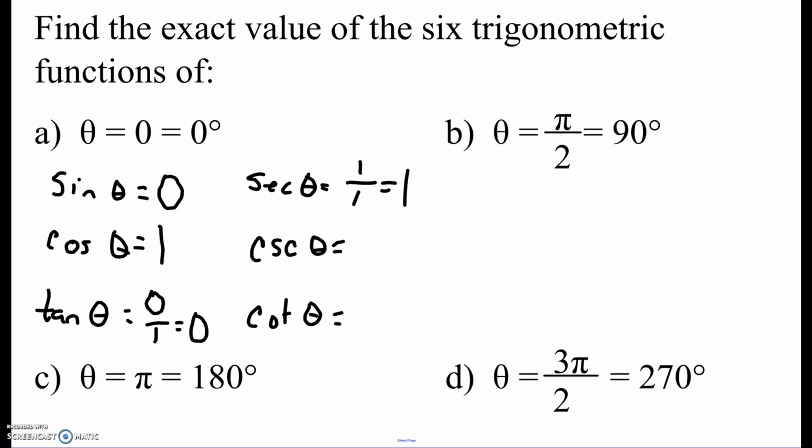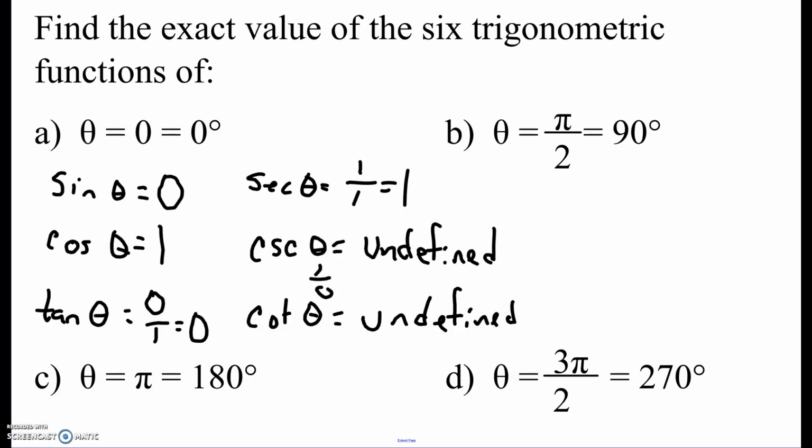It's just 1. Cosecant and cotangent both have sine in the denominator. So neither of these is defined. They are both 1 over 0.